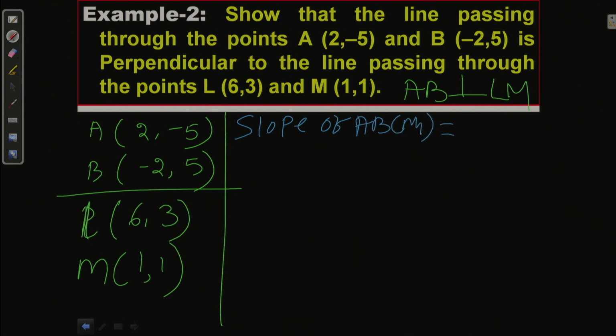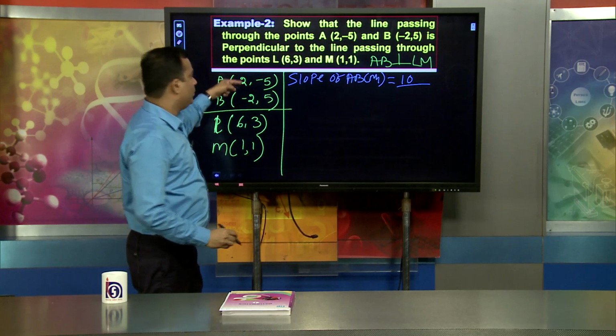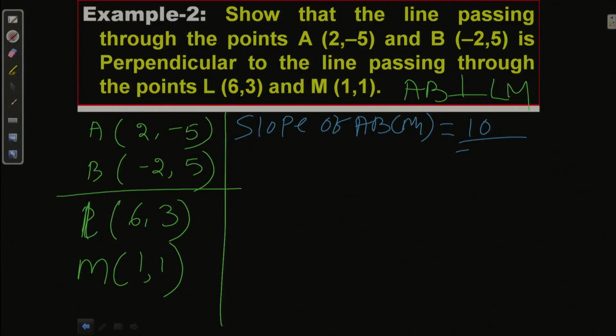We already know that it is y2 minus y1 divided by x2 minus x1, that means 5 minus of minus 5, that is 10, divided by minus 2 minus 2, that is minus 4, so the slope is minus 5 by 2.